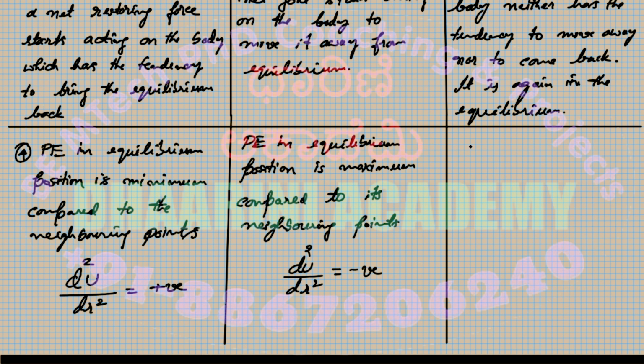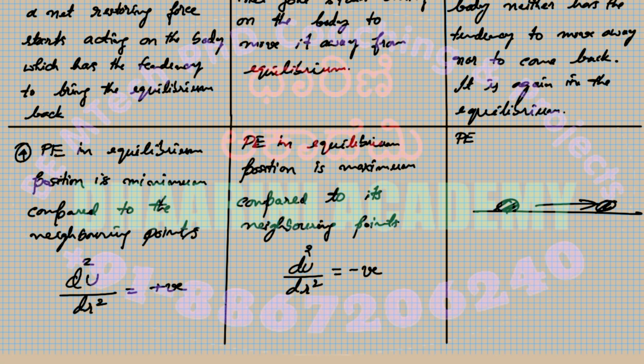Let's move to the next one. The neutral equilibrium is a condition where the potential energy, you see it was a horizontal surface, right? It is here or it is here, no change. Potential energy is a constant. So if the potential energy is a constant value, irrespective of where the object is present, then that kind of neutral equilibrium says that potential energy remains constant.